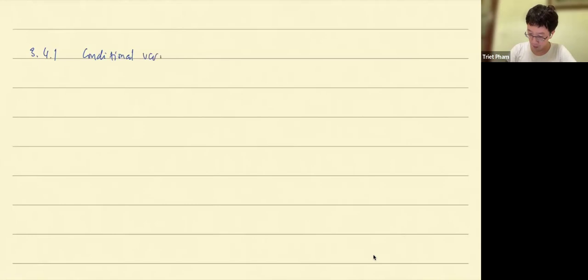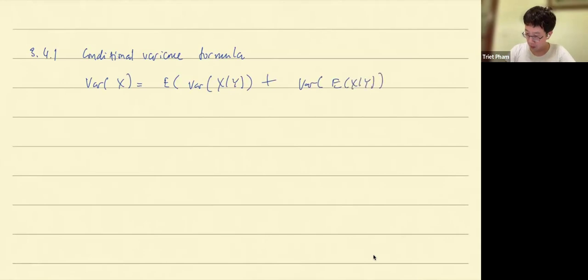It's the same thing. It says that the variance of X is the expectation of the conditional variance plus the variance of the conditional expectation. We proved the formula last time, so we're not going to repeat that.